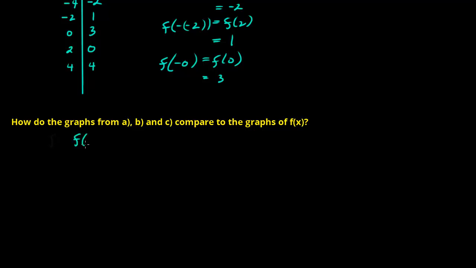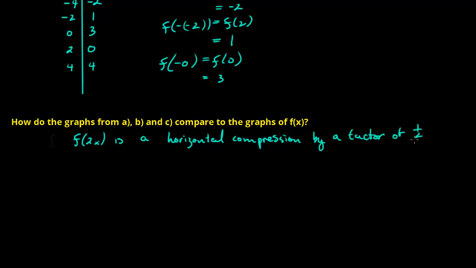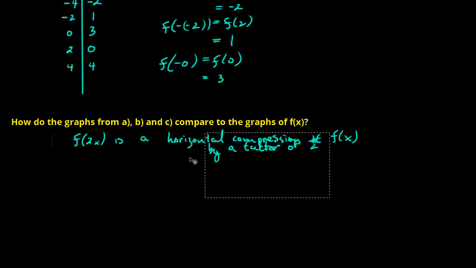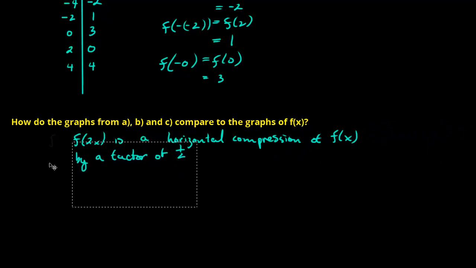Okay, so f of 2x is a horizontal compression of f of x, and then we'll say by a factor of 1/2. Let's write this down here: by a factor of 1/2.